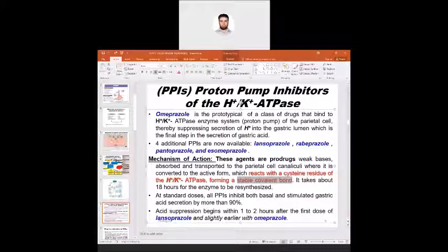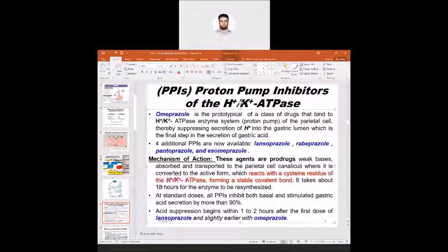So by this, it will block and inactivate this enzyme irreversibly, and therefore it takes about 18 hours for the enzyme to become resynthesized.